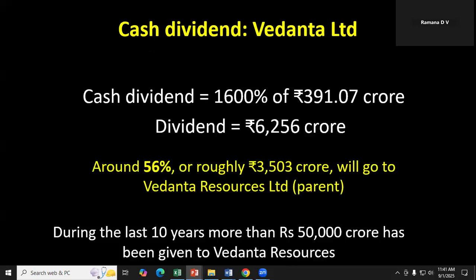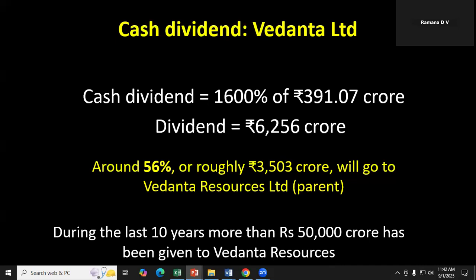Out of this 6,256 crore, the parent company, Vedanta Resources, which holds about 56% of Vedanta Limited, gets 3,500 crores approximately. So 3,500 crores of cash is transferred from Vedanta Limited to Vedanta Resources, which is a foreign company.